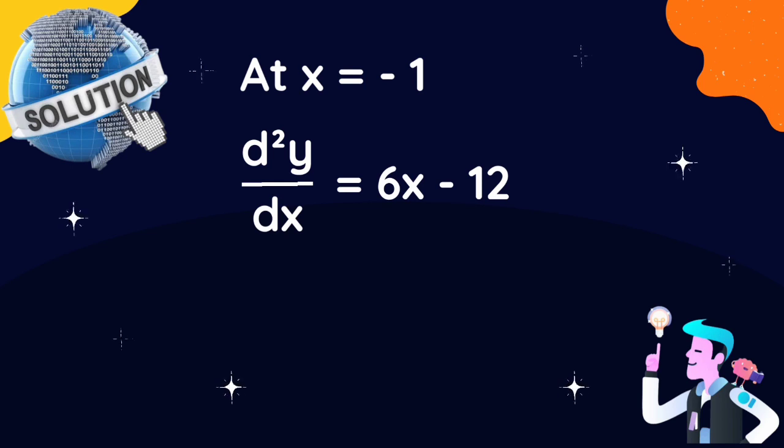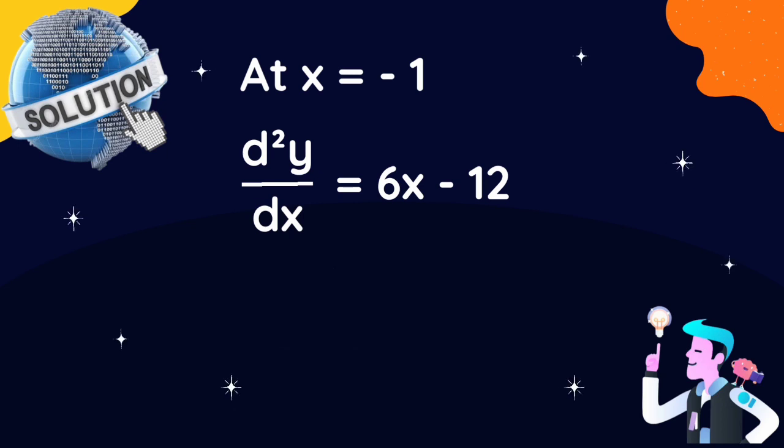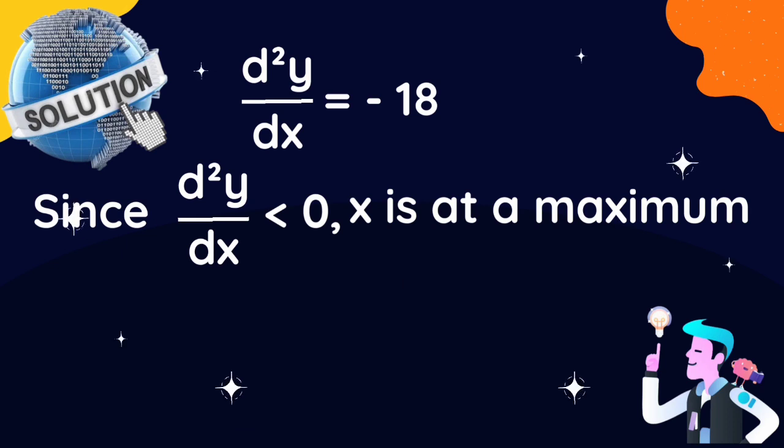You subsequently substitute the second critical value of the function, which is x equal to minus 1, back into the second derivative to determine the nature of the point. And when you substitute minus 1 into the second derivative of the function, you are going to have minus 18 as the answer.